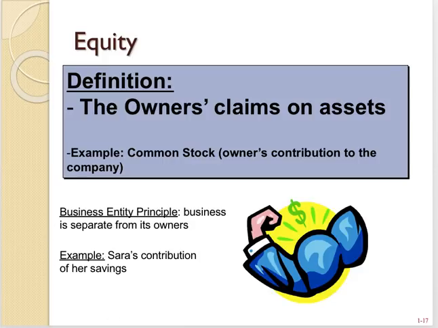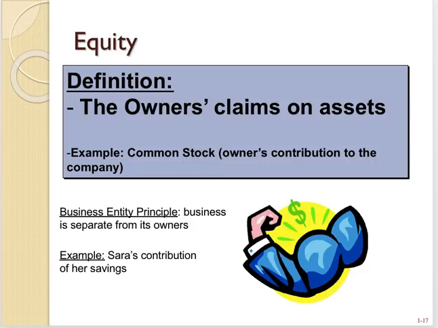So the example of equity is Sarah's contribution of her savings. Okay, so Sarah put her savings into the business. They used to belong to her, now they belong to the business. However, she can claim those assets of the business because she was the one who put them in. Now, the specific account name that we use for when an owner contributes money to the business is common stock. Okay, so that's the term that we use.